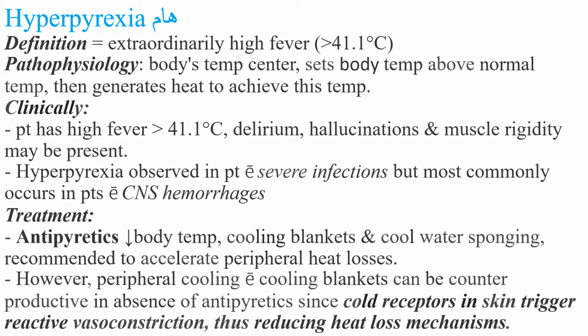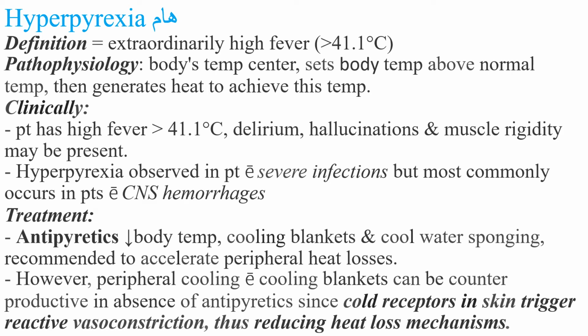What about hyperpyrexia, which is important? Definition: extraordinarily high fever, more than 41.1 degrees centigrade. Pathophysiology: the body temperature center sets body temperature above normal, so the regulation of the heat center is changed, then the body generates heat to achieve this temperature.